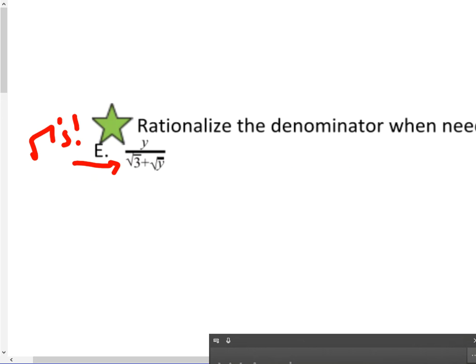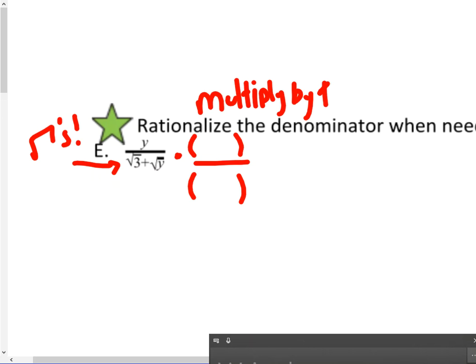All right. In order to get rid of these radicals, what we're going to do is multiply by, this is a new word, the conjugate. Conjugate.